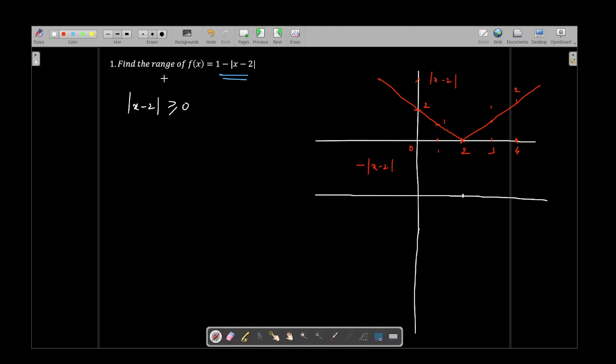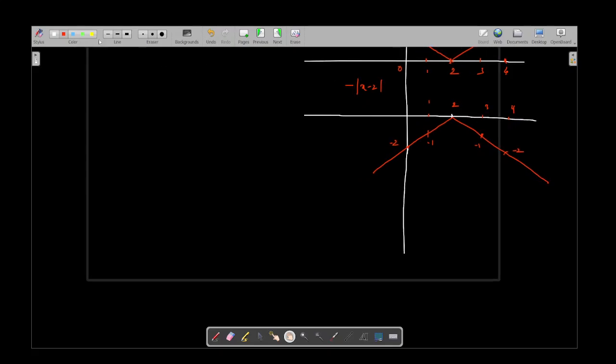So from 2 it goes down like this. At 0 it will be minus 2, at 1 it is minus 1, at 3 it is minus 1, at 4 it is minus 2 again, and so on. So next I have to add 1 to this.